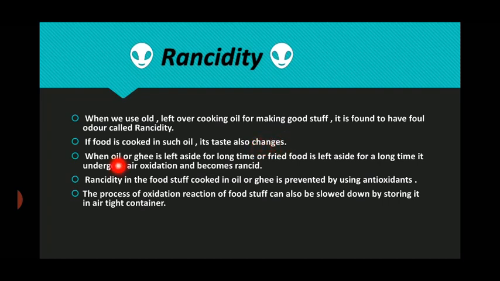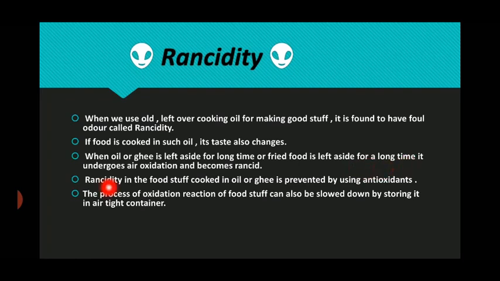When oil or ghee is left aside for a long time, or fried food is left aside for a long time, it undergoes air oxidation and becomes rancid.